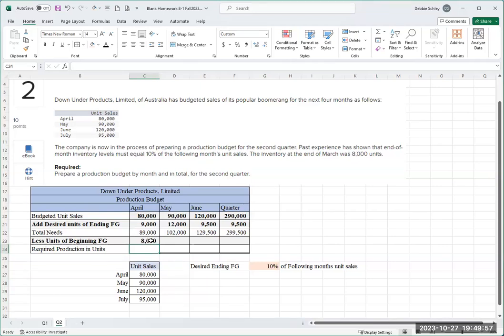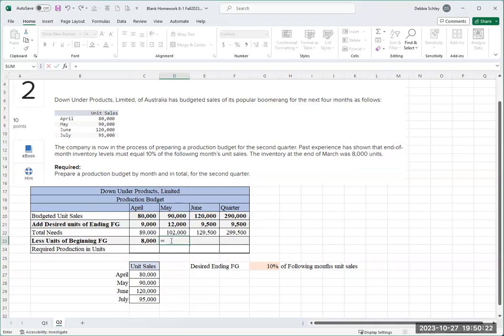Okay, now that same logic works because the ending finished goods of May is going to be equal to the wait, sorry. Let me think that through again. I was explaining that wrong. So I want the beginning units of May. There we go.